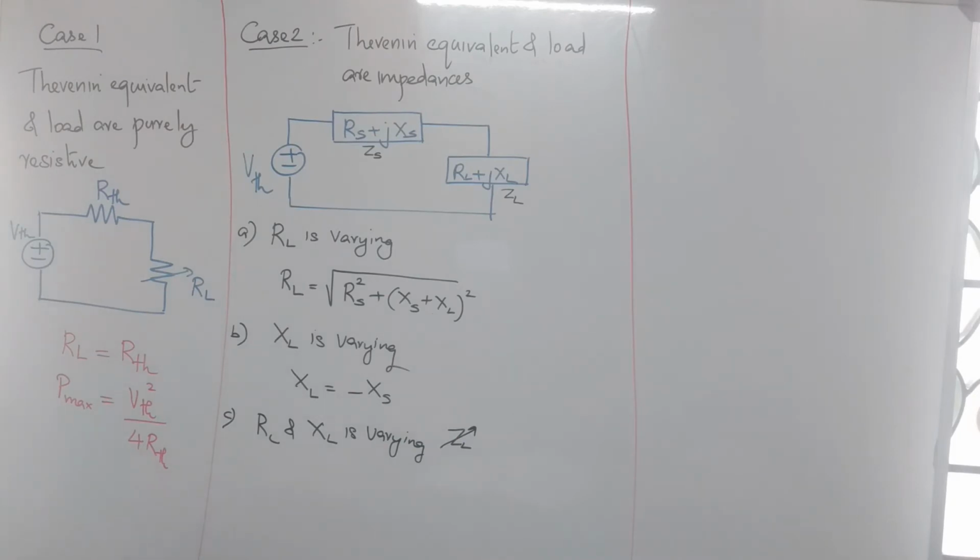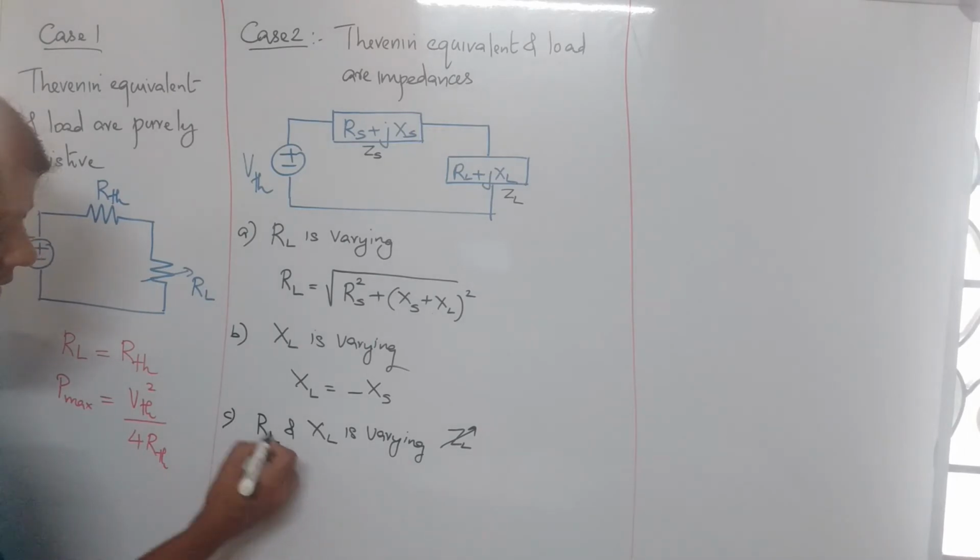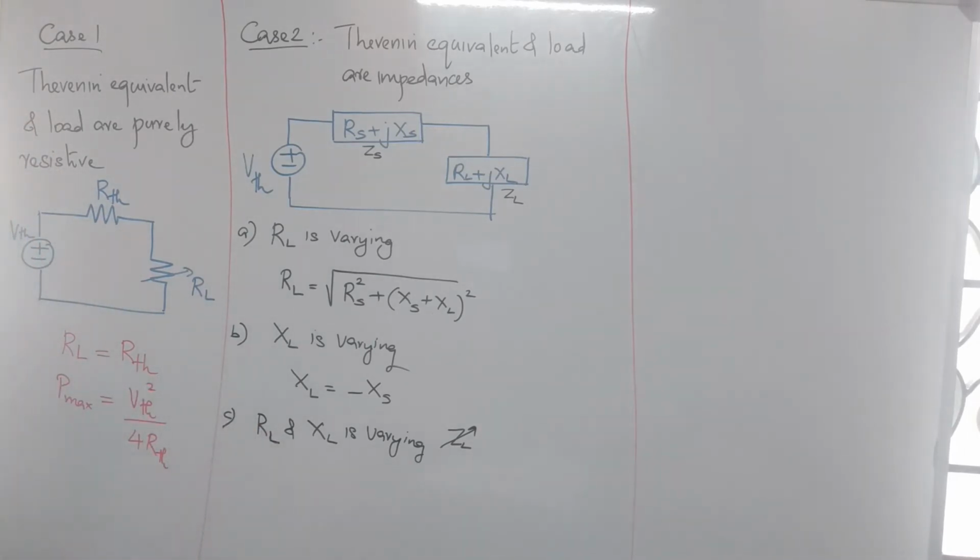In such cases, it's a combination. We have to combine these two. That is, if RL is varying, it is the first case. RL should be equal to the Thevenin equivalent and XL should be equal to minus XS.